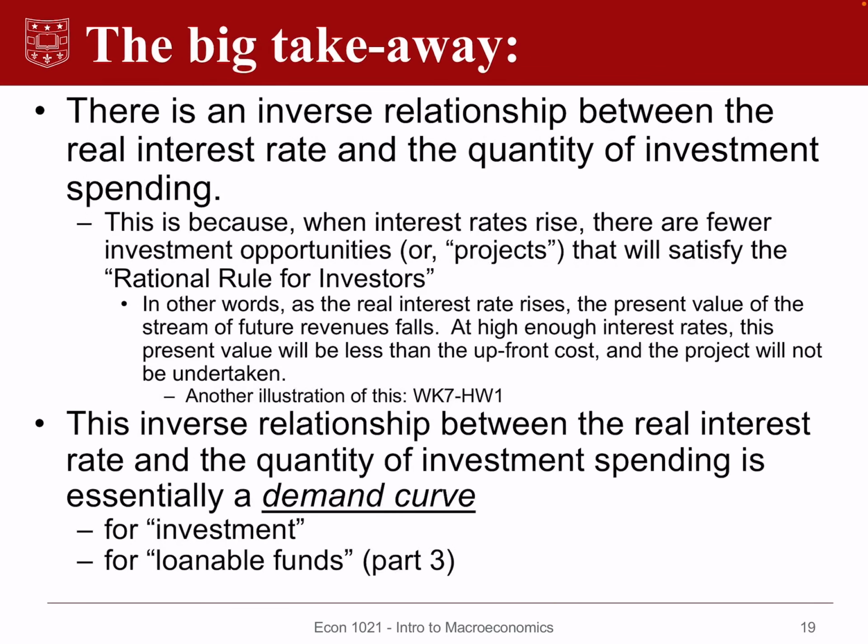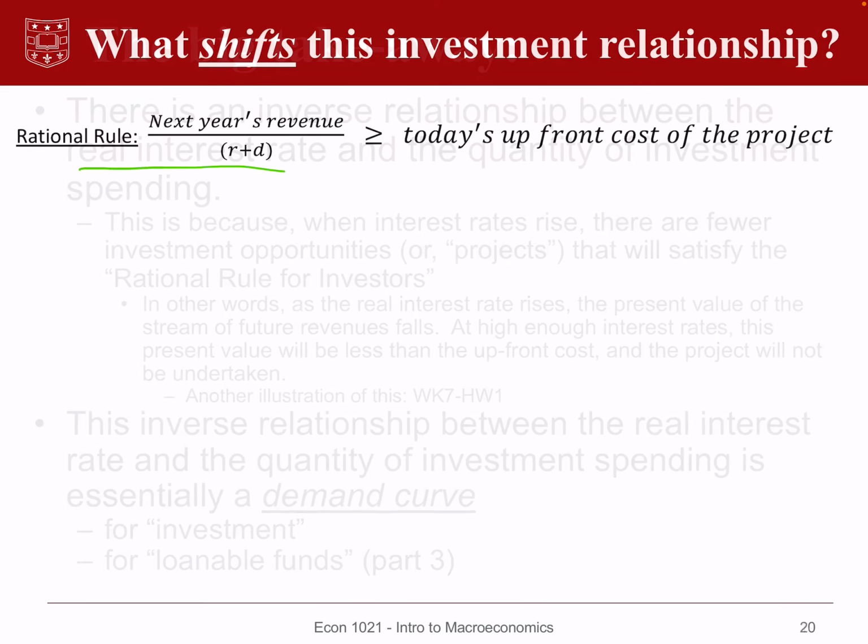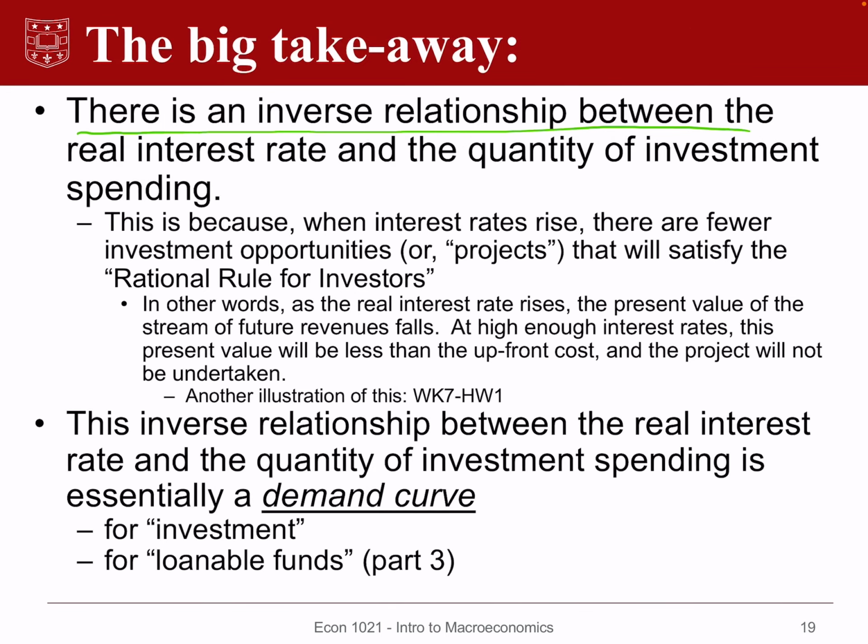Okay, so the big takeaway here: there is an inverse relationship between the real interest rate and the quantity of investment spending. Why is that? It is because when interest rates rise, there are fewer investment opportunities or projects that will satisfy that rational rule for investors.